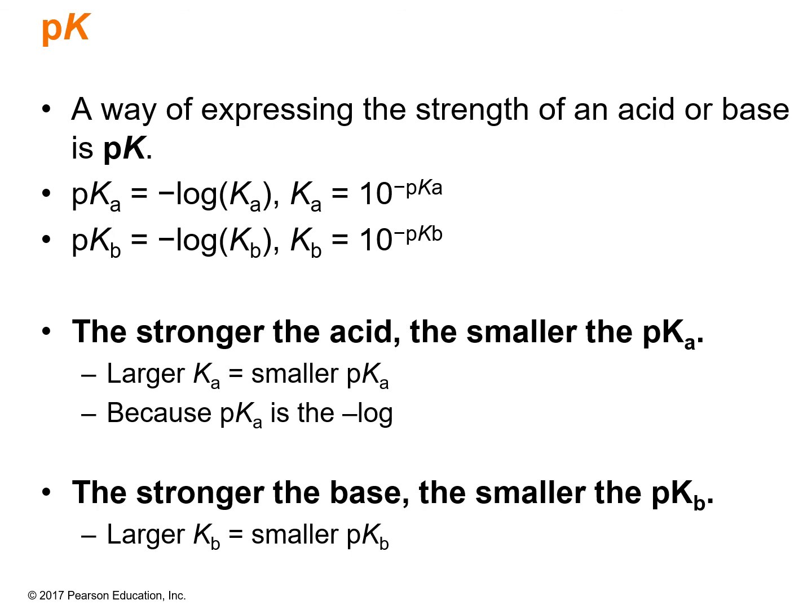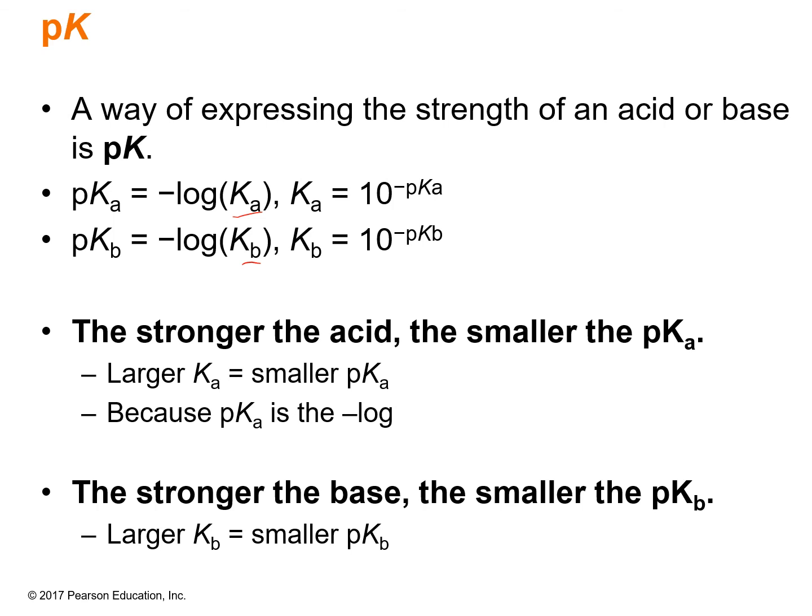So from this, we can also get a pK, right? So by now, you probably know that a lowercase p indicates the negative log of a value. Because pH is the negative log of H, pOH is the negative log of OH, therefore, pK is going to be the negative log of K. In this case, we have a Ka and we have a Kb.